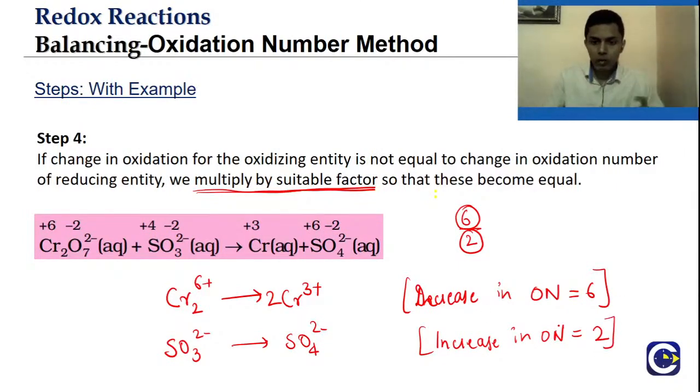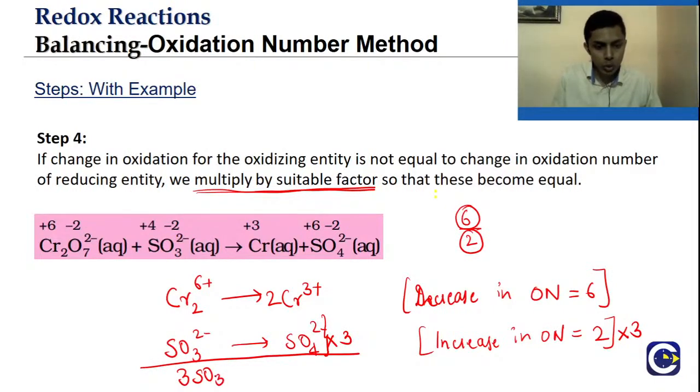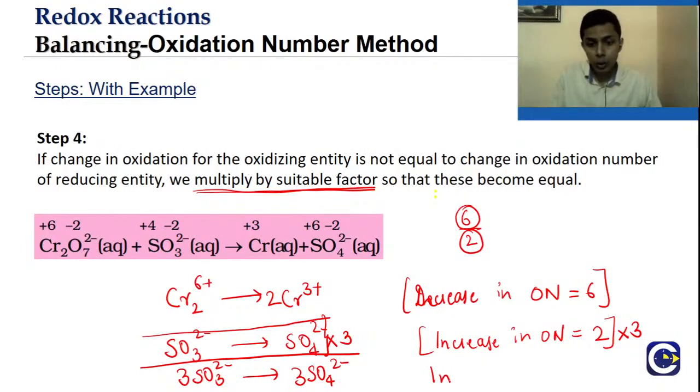So if I want to balance, I have to multiply this increase in oxidation number by 3. Correct. So that's the reason I have to multiply this equation by 3. Okay. So when I multiply this equation by 3, it will become 3SO3 2 minus, giving 3SO4 2 minus. And now for this, the increase in oxidation number would be equal to 6.